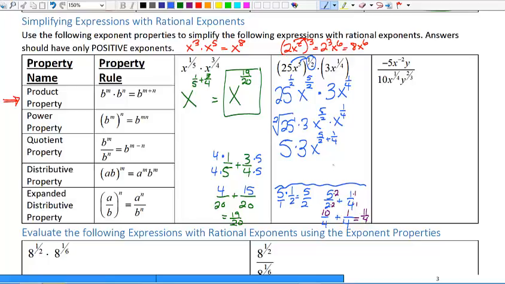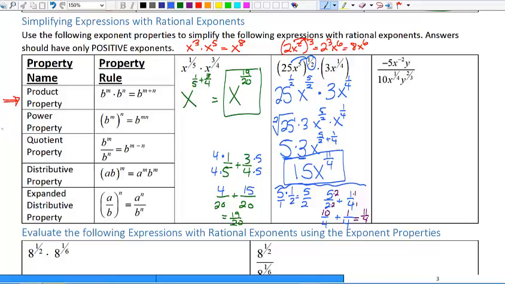So I add my exponents to get 11/4, which gets me x to the 11/4. In the front, I had a 5 times a 3. Well, that's just 15. So my final answer is 15x to the 11/4.